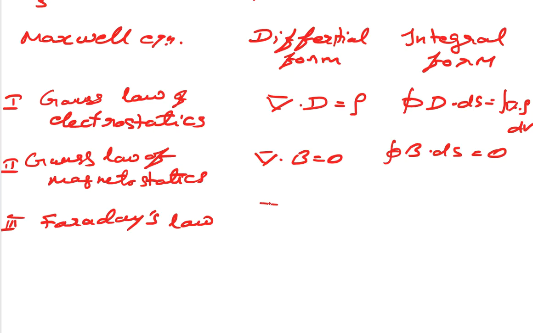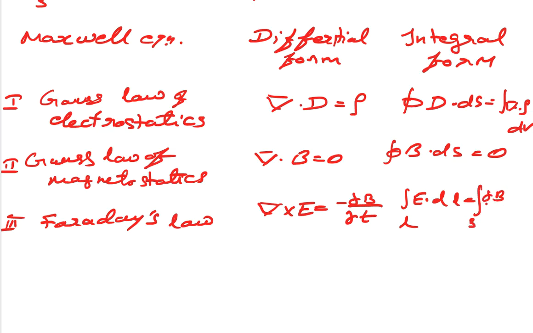From Faraday's law, we derived del cross E equal to minus dou B by dou t. The integral form of this is the line integral of E dot dl equal to minus the surface integral of dou B by dou t dot ds. And the final, fourth equation is derived from Ampere's law.